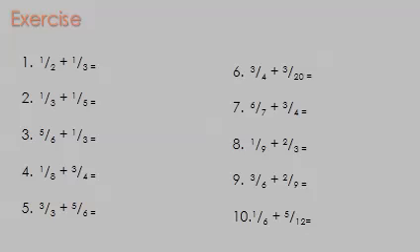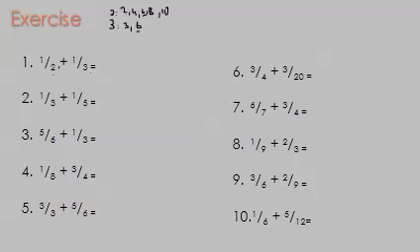Here we have 1 over 2 and 1 over 3. The denominator is 2, the denominator is 3. That means I have to list the multiples of 2 and the multiples of 3. The multiples of 2 are 2, 4, 6, 8, 10. Of course you can know it mentally, but I'm just teaching you the steps. For 3: 3, 6, I found it, then I stop, so it's 6.